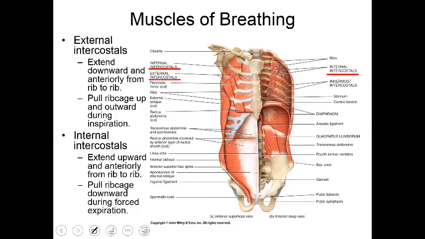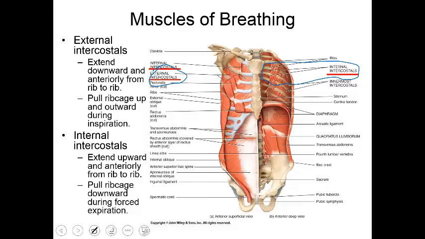The external intercostals are the more superficial muscles, right here, and the internal intercostals are the deeper of the two muscles. The external intercostals pull the rib cage outward. They're pulling the ribs outward to make room for the oxygen in your thoracic cavity. The internal intercostals are pulling the rib cage downward during exhalation.